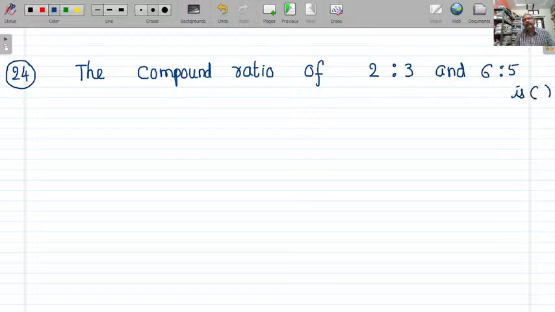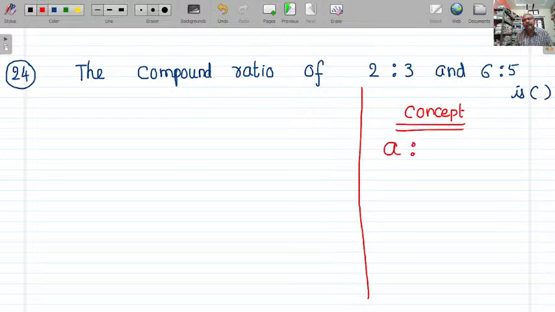So let us find the compound ratio of 2 is to 3 and 6 is to 5. So how to find out the compound ratio of 2 is to 3 and 6 is to 5? So let me explain the concept here.